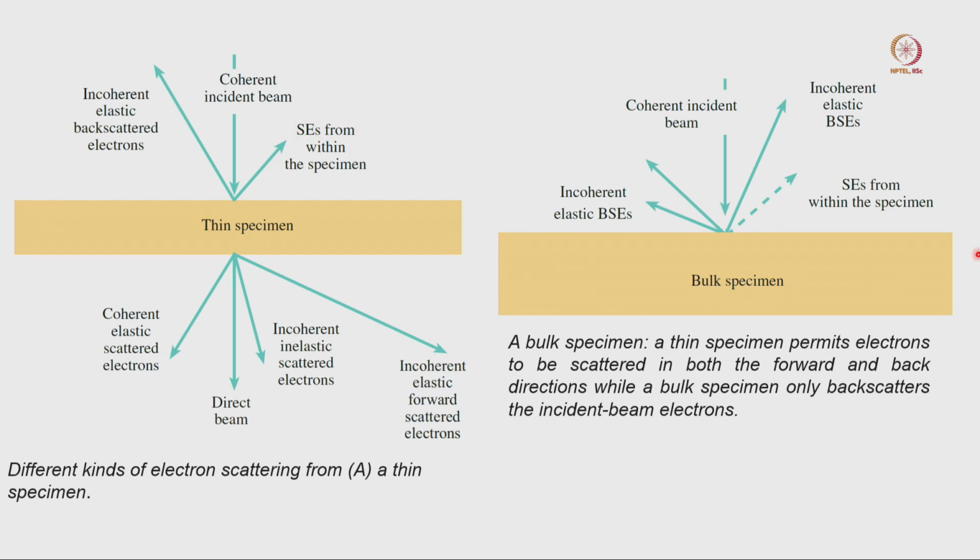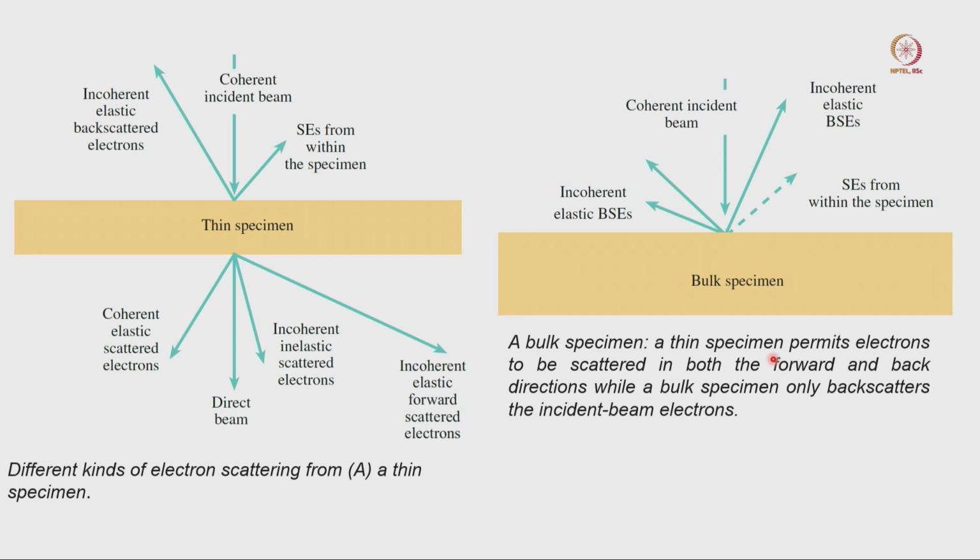If there is a very thick sample, as I mentioned, the coherent incident beam will come and then bounce back or reflect back from the sample, and then we will get the secondary electron, the incoherent backscattered electron beam, and also the incoherent elastic backscattered electron beam, but we cannot get any transmitted electron beam because the sample is very thick.